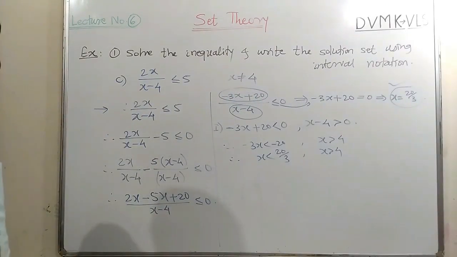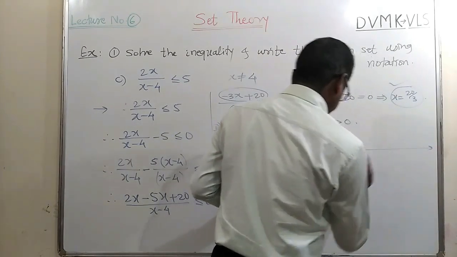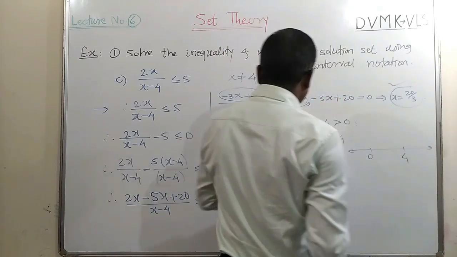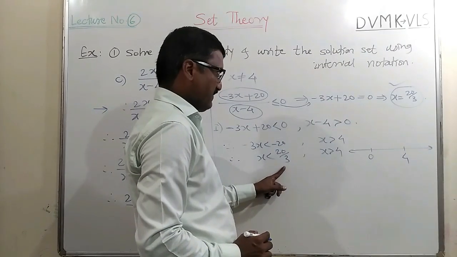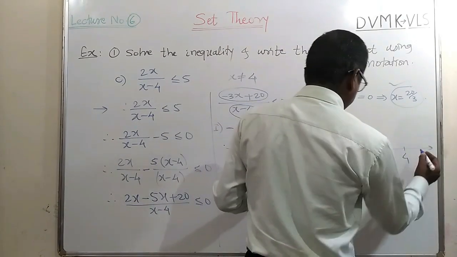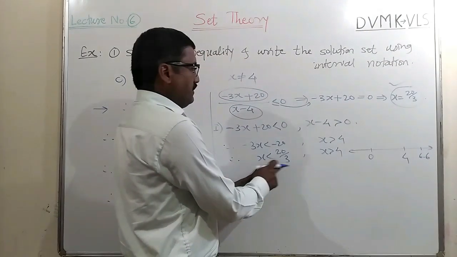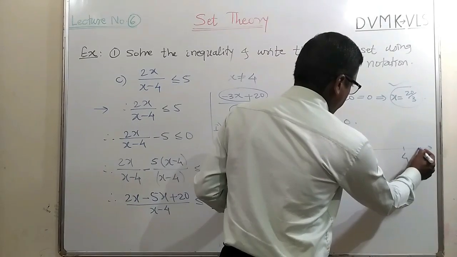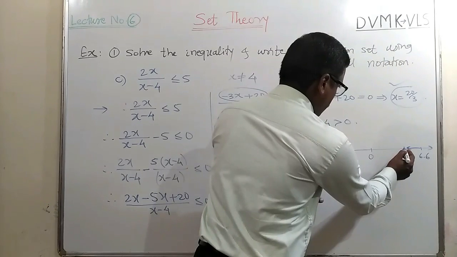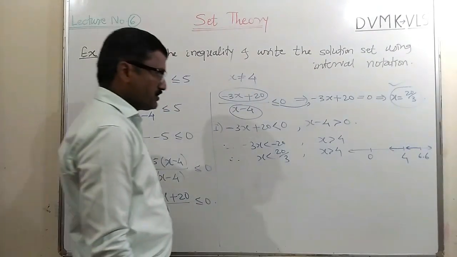Now let us find the common solution of these two. On the number line, suppose 4 is here, 0 is here. 20 by 3 means it is near about 6.6. So x greater than 20 by 3 means towards this direction. x greater than 4 means it is also towards the same direction. So which one is most correct?